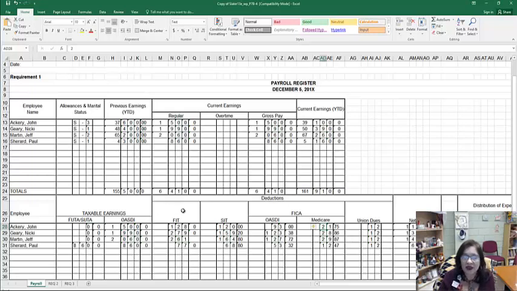Now, for the federal income tax, we get that information from figure 7.2. Okay, so we go to 7.2, and that table is found on page 245. Now you're going to go to where it starts, which is the 1,500, and you're going to go over.